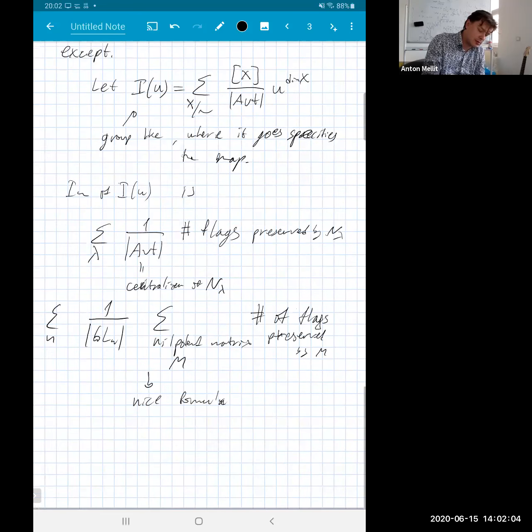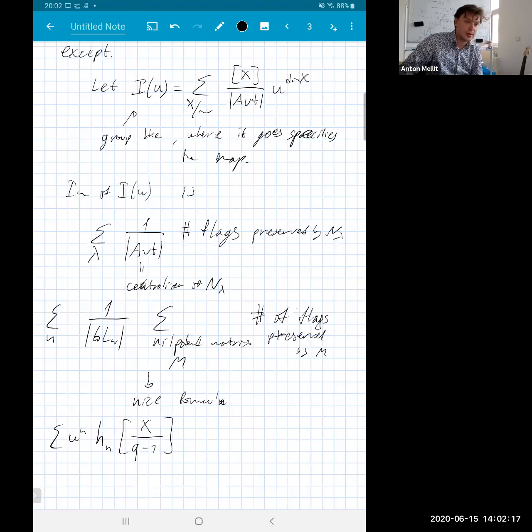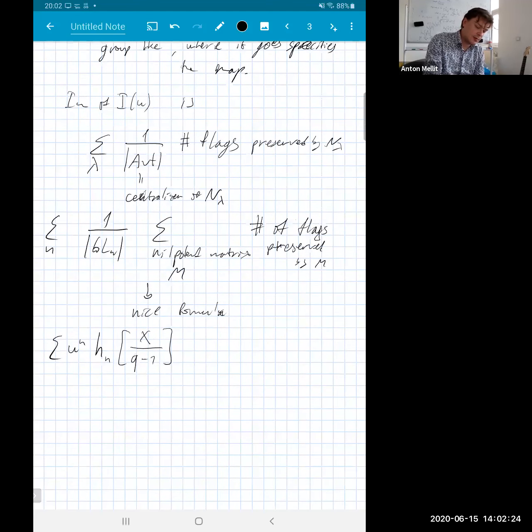And actually you get H_n u to the n, H_n of x over q minus 1, something like this. And this number here gives you that the modified scalar product has q minus 1 in it.